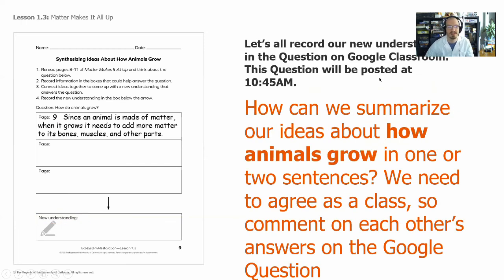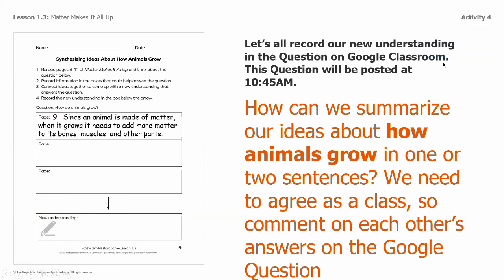thing for today, other than one more vocabulary word, is to go back to Google Classroom. There's going to be another question automatically posted at 10:45. It'll be this one. So it says, how can we summarize our ideas about how animals grow in 1 or 2 sentences? We need to agree as a class, so comment on each other's answers on the Google question.